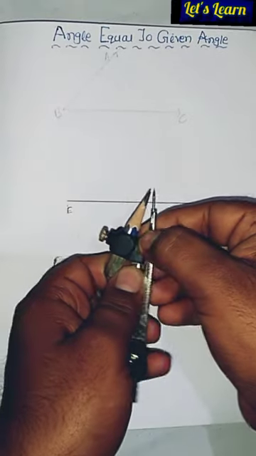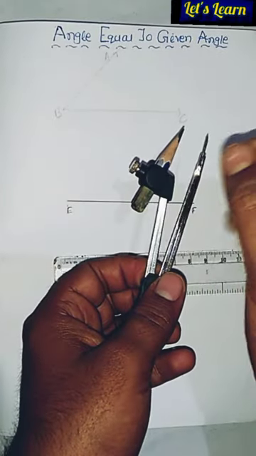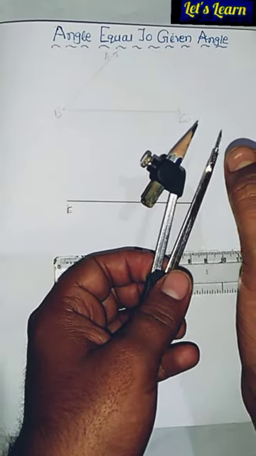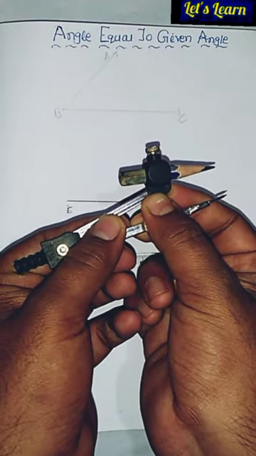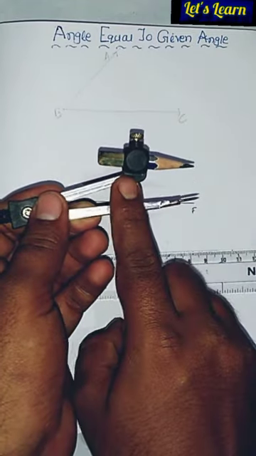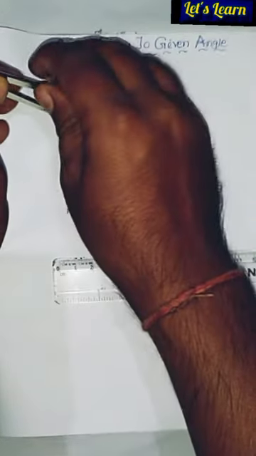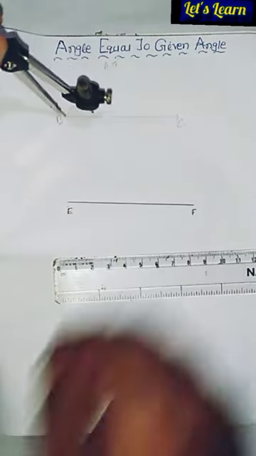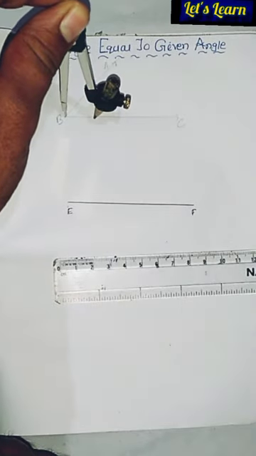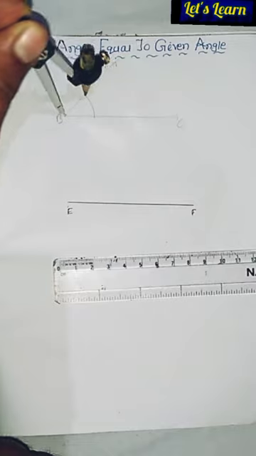Now, expand your compass, whatever length you are comfortable with. Put your compass on B and simply draw an arc. Remember, the bigger the arc, the better the construction.